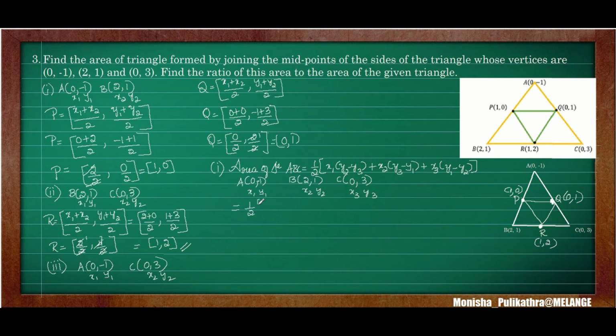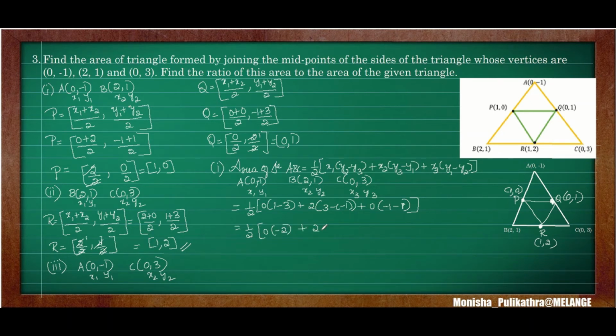So half into x1. x1 is 0, (y2 minus y3), that is (1 minus 3), plus x2 into (y3 minus y1), that is (3 minus of minus 1), plus x3 into (y1 minus y2). Okay. So here 0 into anything is 0 itself.